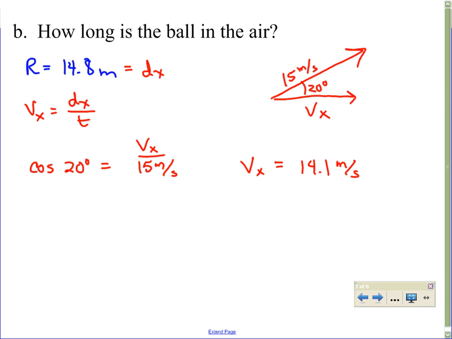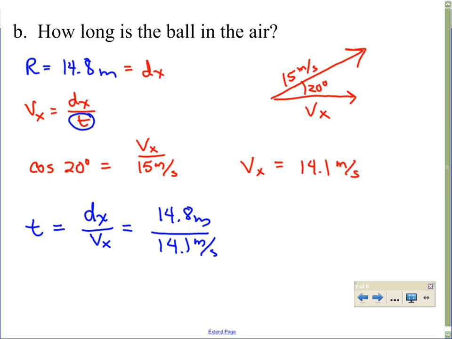Now, my goal is to find the time. So time is equal to dx over Vx. Remember, dx is just our range, 14.8 meters, and our velocity is 14.1. Make sure it's in the x direction, and I have a time period of 1.05 seconds. That's the total time the projectile's in the air, or in this case, the ball. So it goes from going up to going down.